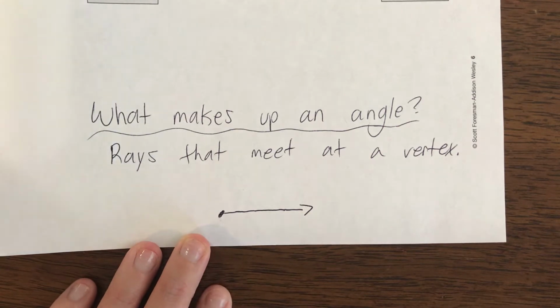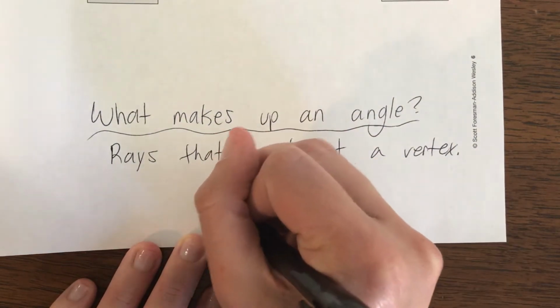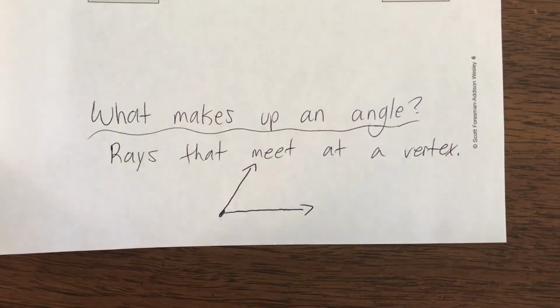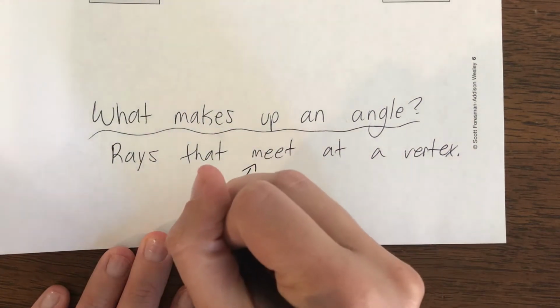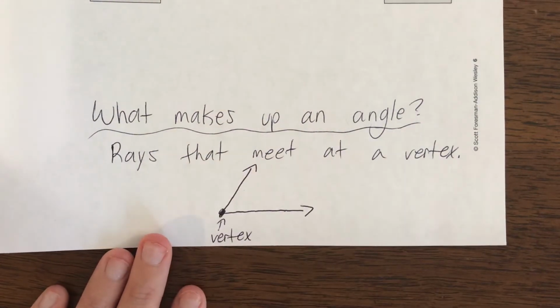So when you draw an angle, your other ray is going to start at that endpoint and then go in another direction, and you ultimately have an angle. So where your rays meet, that is going to be our vertex.